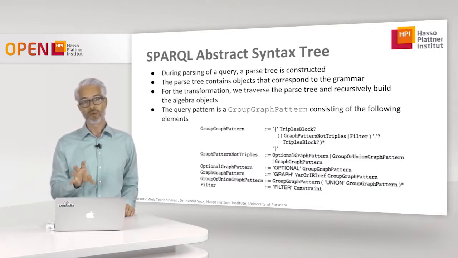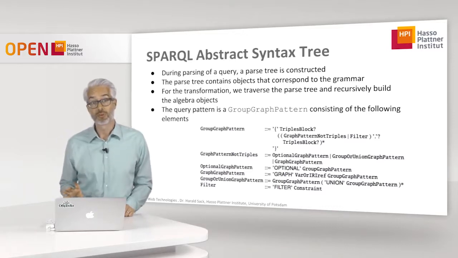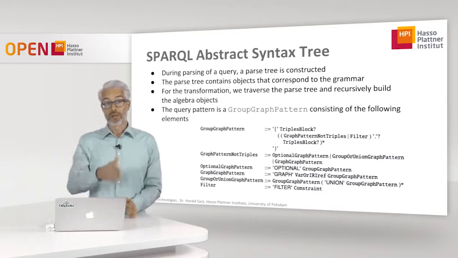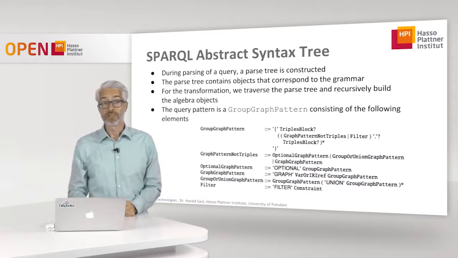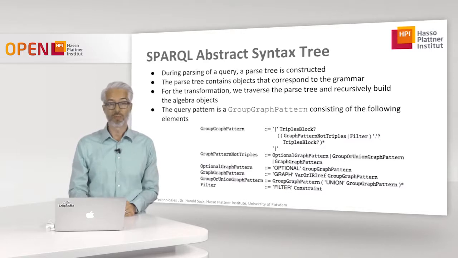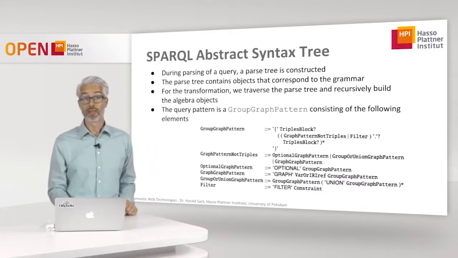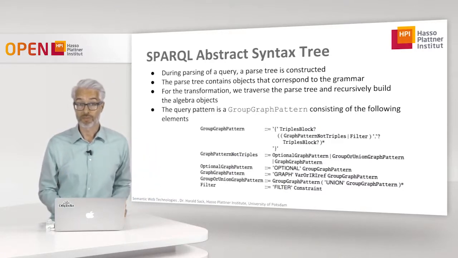So these are the important parts within our syntax that we have to respect when the SPARQL query is transformed into an abstract syntax tree according to the part of the grammar we see here, which helps us to translate what occurs in the where clause, in the where graph pattern.